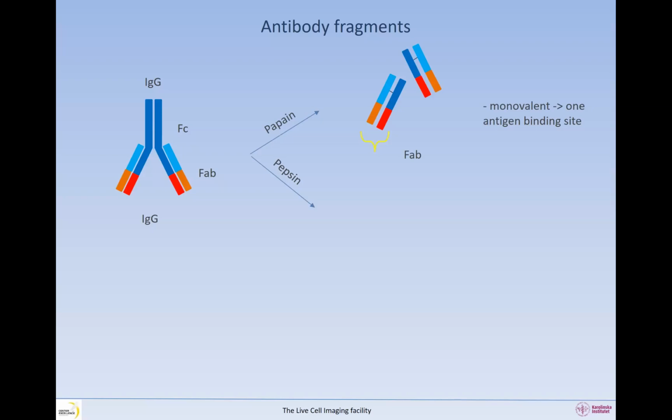They are monovalent, so they only have one antigen binding site. And I think that the molecular weight should be around 50 kilodalton. And they can be used for blocking cross-reactivity when using primary antibody raised in the same host species.